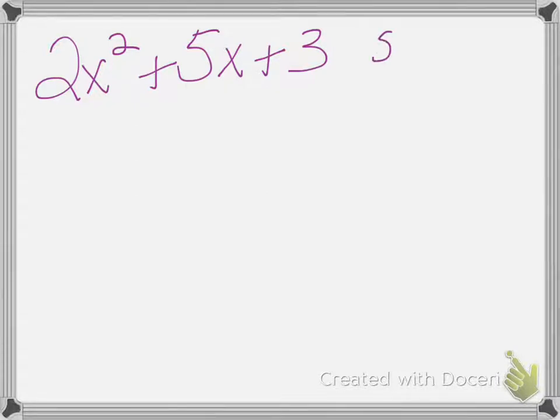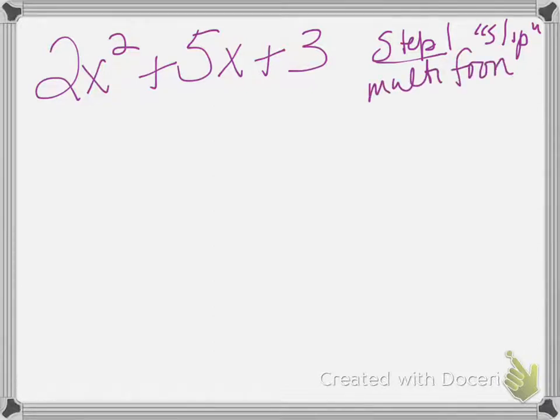Alright, so step 1, we're going to slip. So we're going to multiply the front number by the back number.